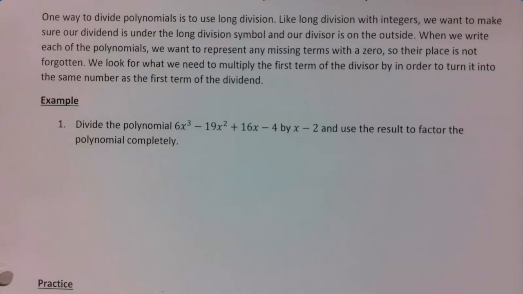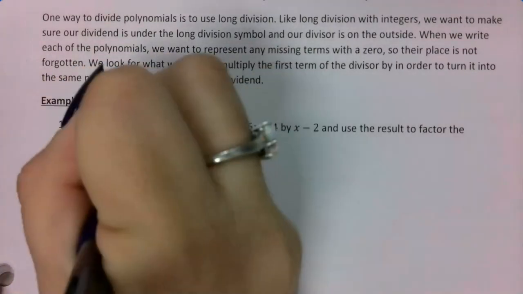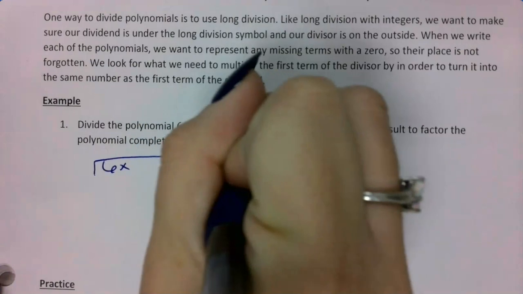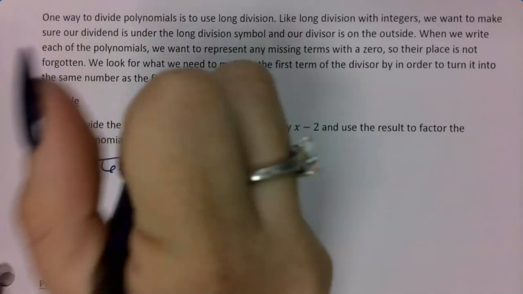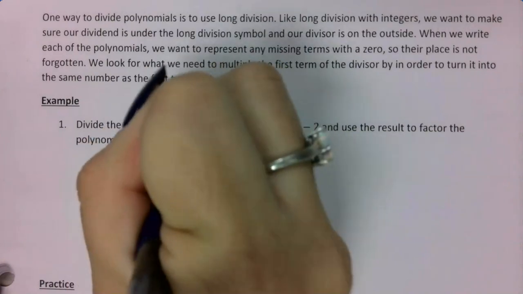Okay, so guys, we're doing the same thing we did in the warm-up, except with polynomials. So I want to write the thing that I'm dividing under the division symbol. And I want to make sure I write all of my terms, so if any of them are skipped, I want to put 0 as a placeholder for them.